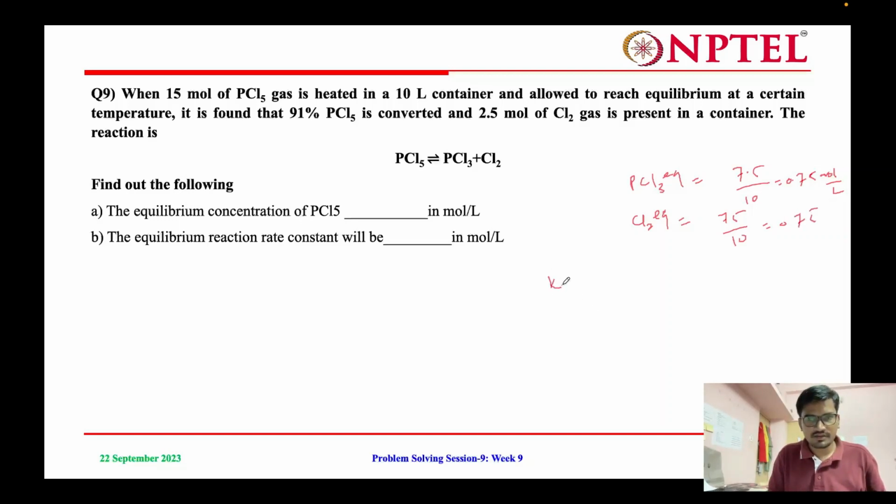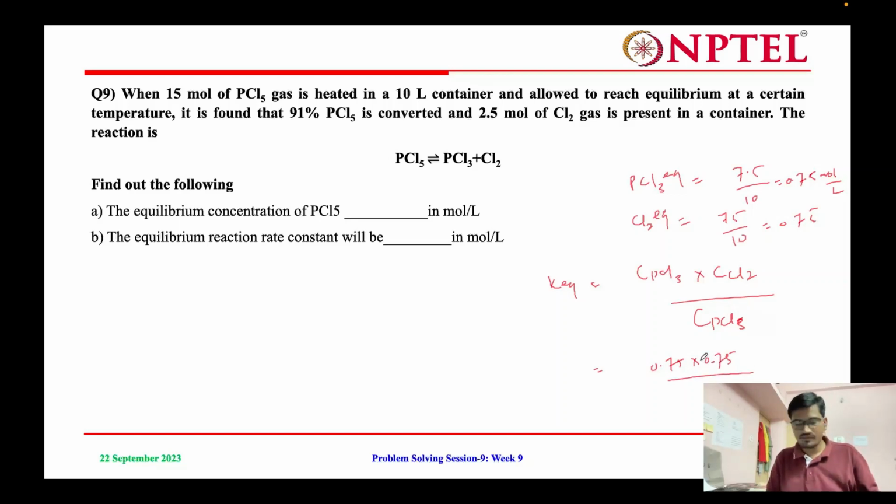Now the equilibrium constant equals the concentration of PCl3 times the concentration of Cl2 divided by the concentration of PCl5. So put all the values in this equation: 0.75 times 0.75 divided by 0.135.